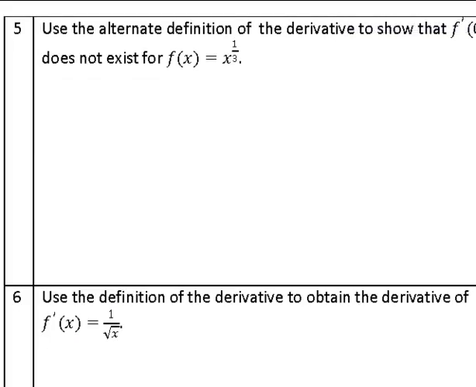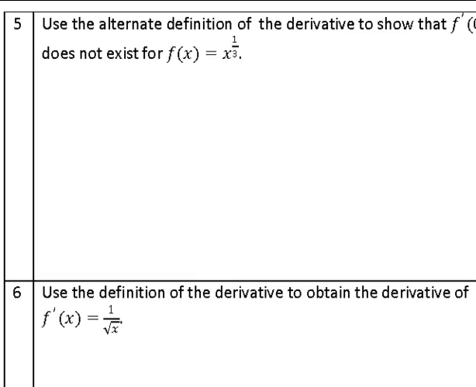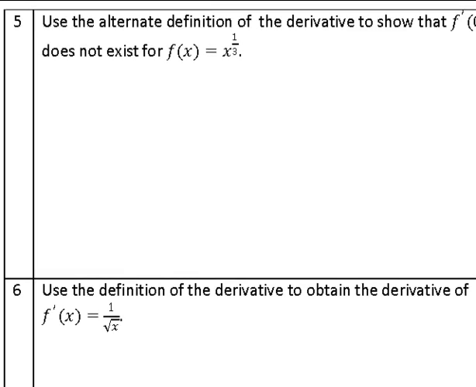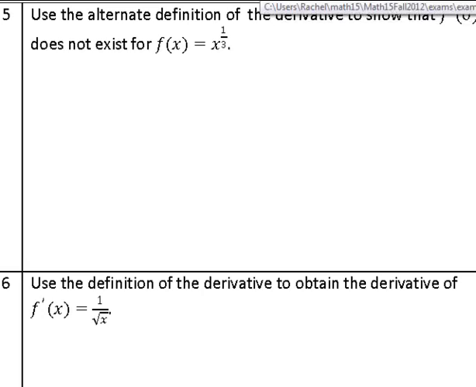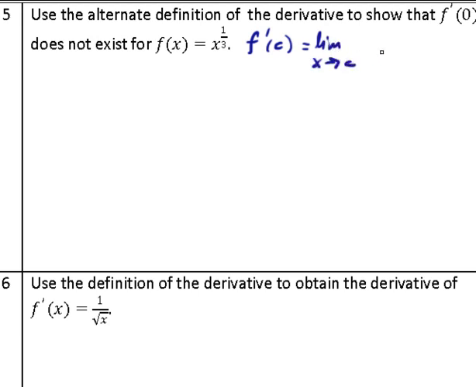Okay, in number 5, we want to use what we call the alternate definition of the derivative to show that f prime of 0 does not exist for f of x equal x to the 1/3. So first, let's look at the alternate definition of the derivative. Okay, and here it is. We have f prime of c is equal to the limit as x goes to c of f of x minus f of c over x minus c.